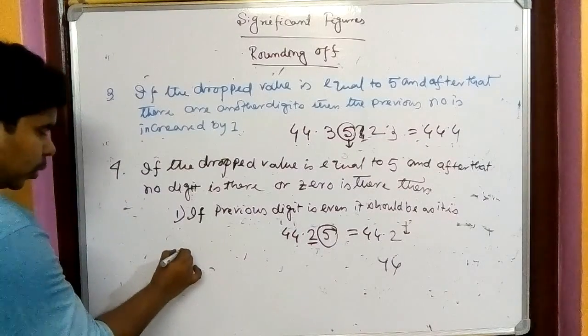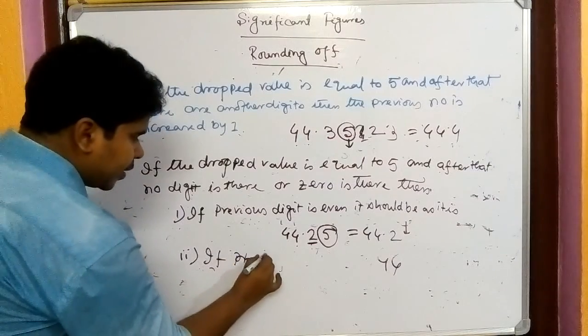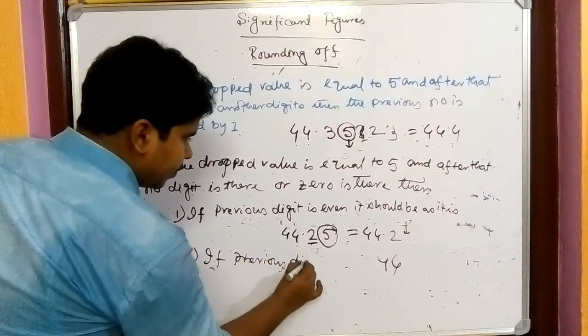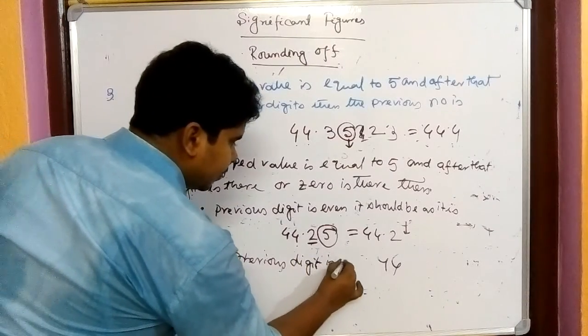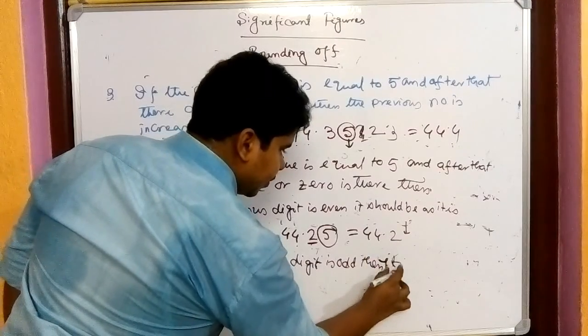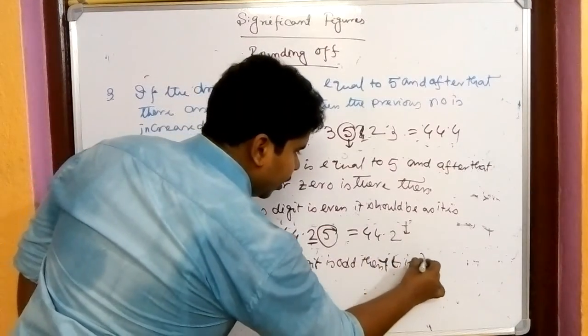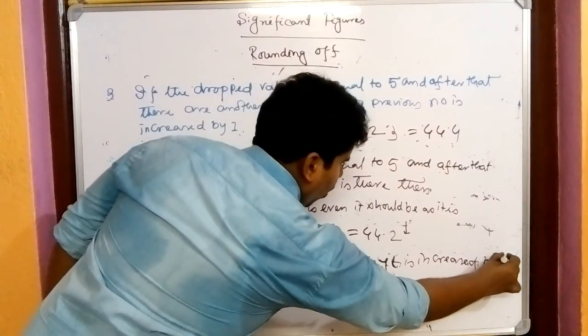And number 2 condition, if the previous digit is odd, then it is increased by 1.